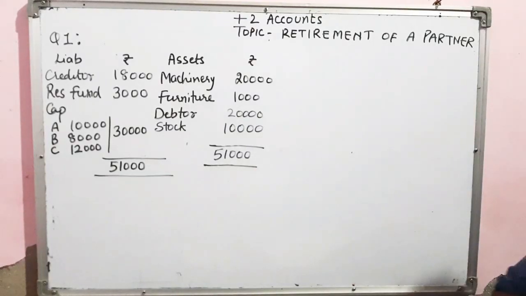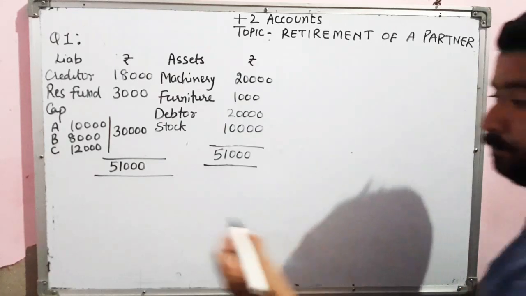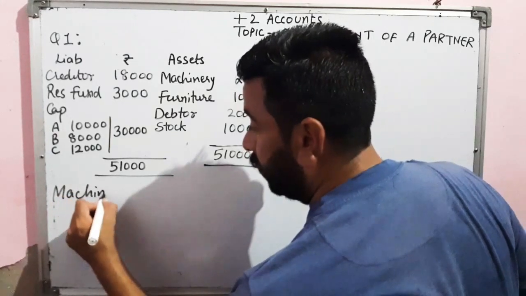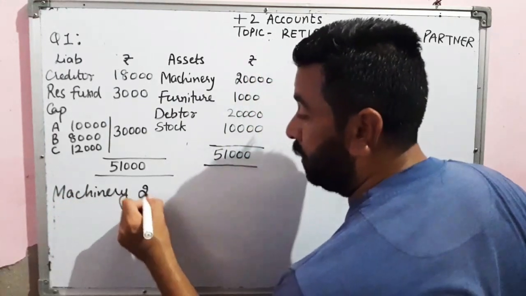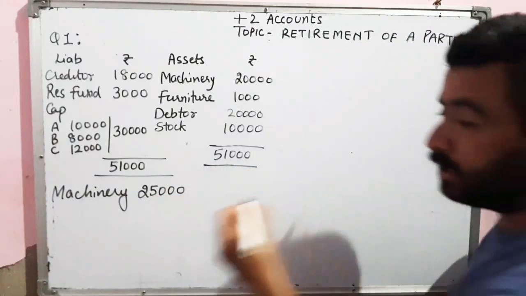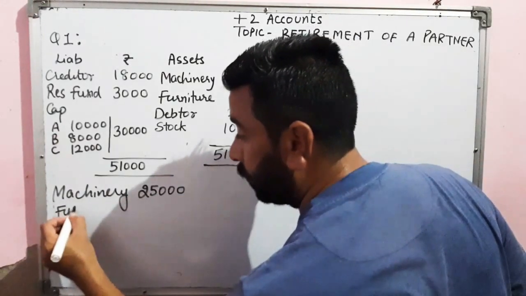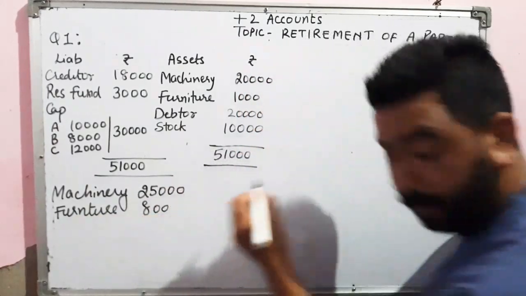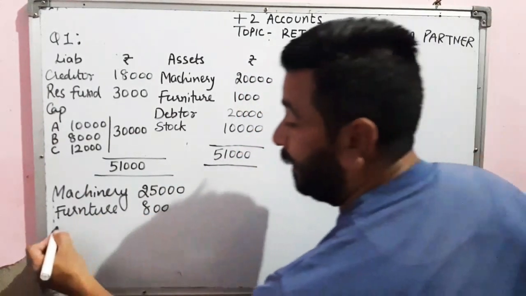In the additional information, it is provided that machinery is revalued at 25,000. Next, furniture's value is 800. Debtors are 19,000.